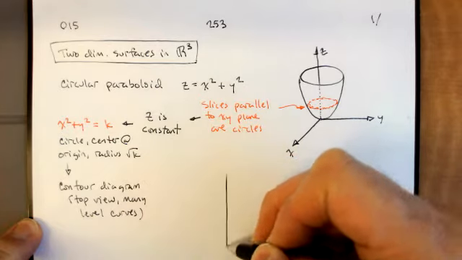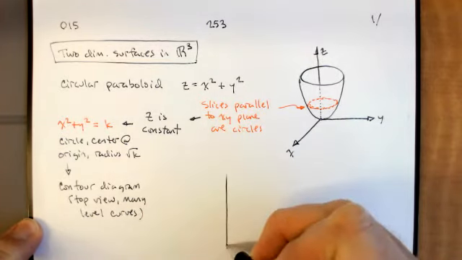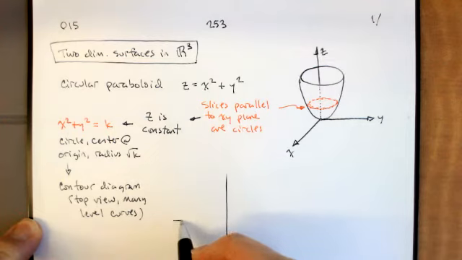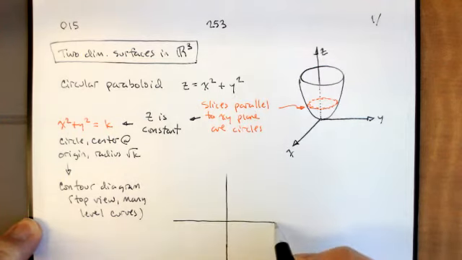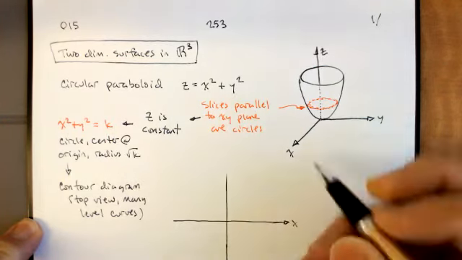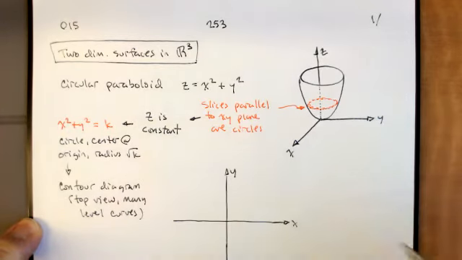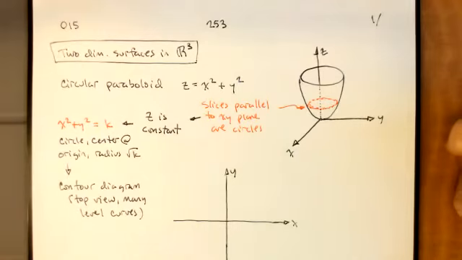I'm going to put our x and y axis in the normal way we orient things. So here's a top view. And I'm going to draw the circle that I see when z is equal to 1.